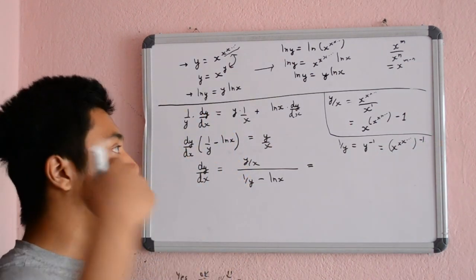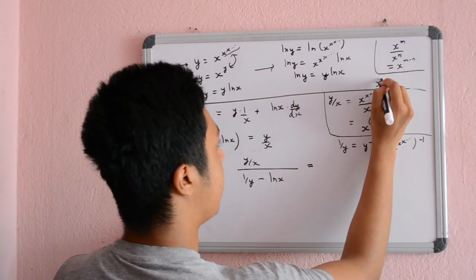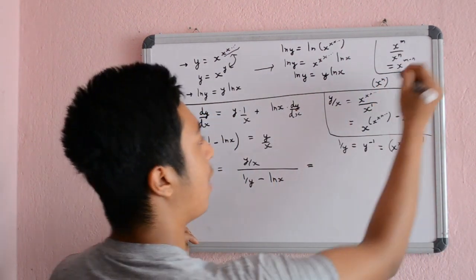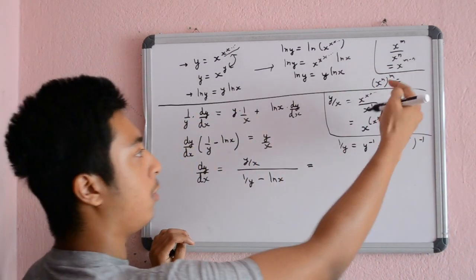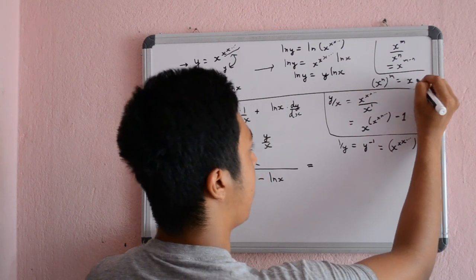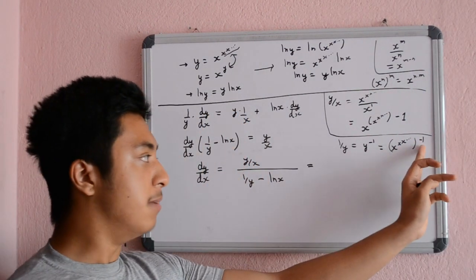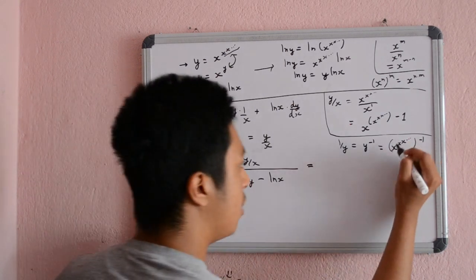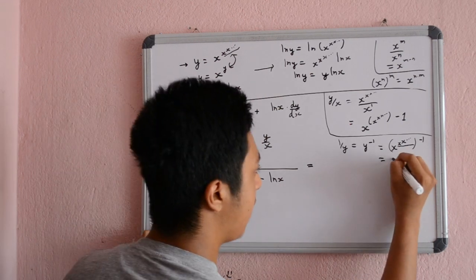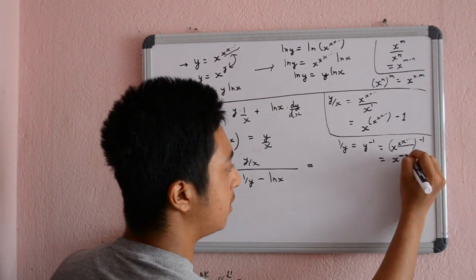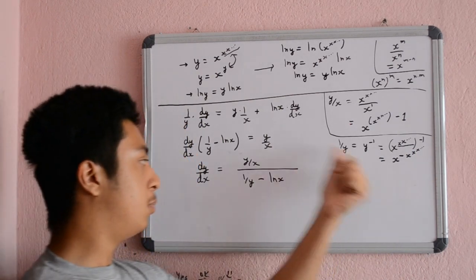But again using the indices law, for x to the power of n raised to the power of m, this power will simply come down and multiply with n, so this will be x to the power of n times m. So right here, this minus 1 will in fact multiply with the power of this base x right here. So this will be x to the power of minus x to the power of x to the power of x, and so on. And just put that right here.